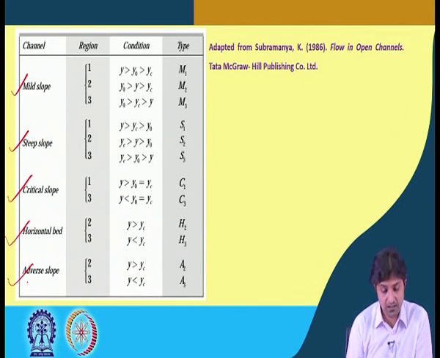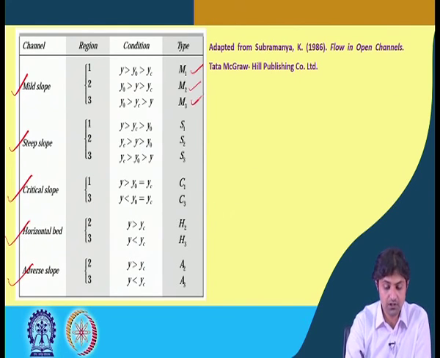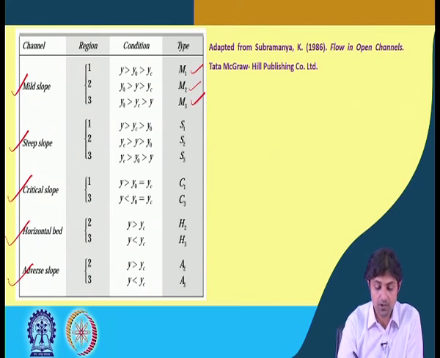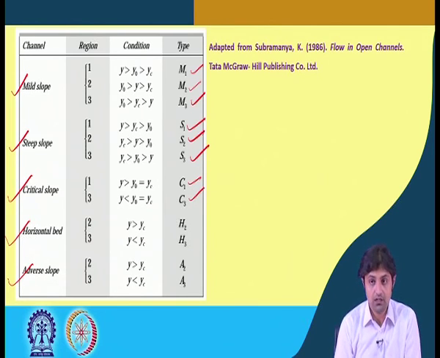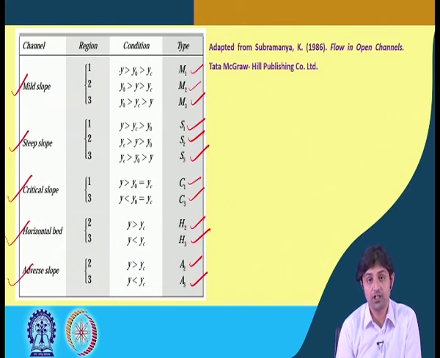Region 1 is called M1, region 2 is M2, region 3 is M3; similarly S1, S2, S3, C1 and C3, and H2 and H3, and adverse slope is A2 and A3. This is very clear, because if y is located above both the normal depth and the critical depth, it is M1; if it is located in between, it is M2. So, just go region-wise.